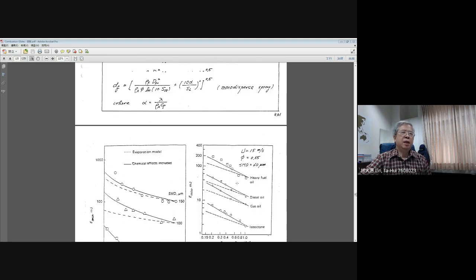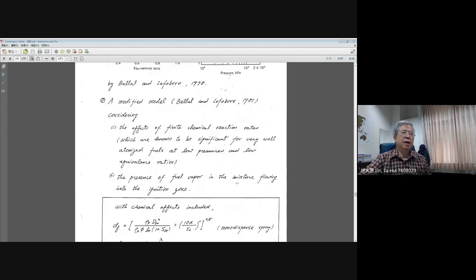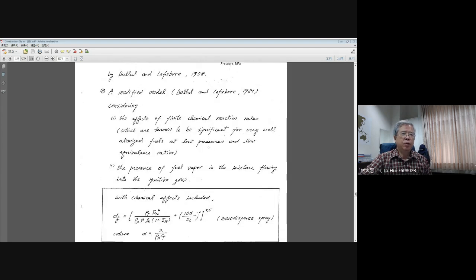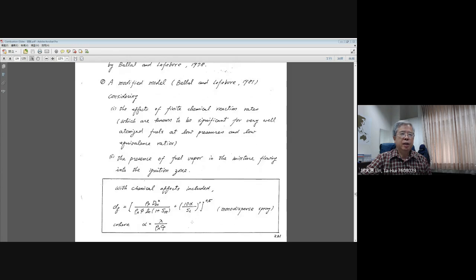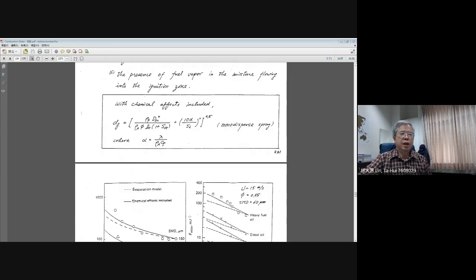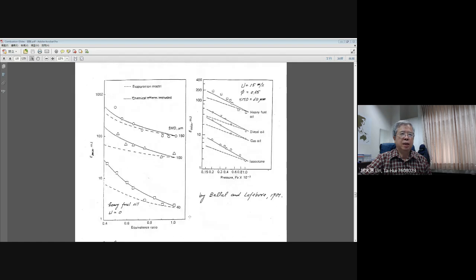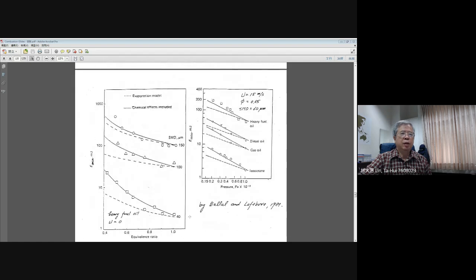This means the modified model, which brings in the finite chemical reaction rate represented by S_L, the flame speed of the homogeneous mixtures, gives a good agreement between the theory and the experiments.